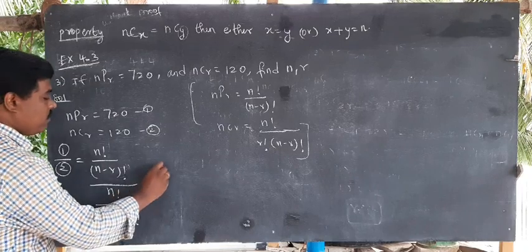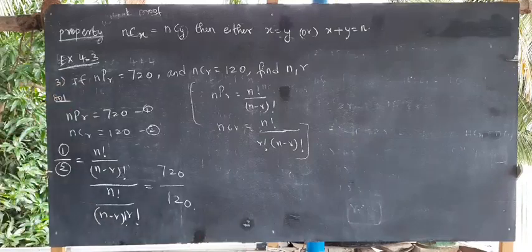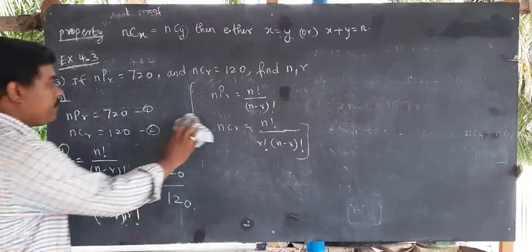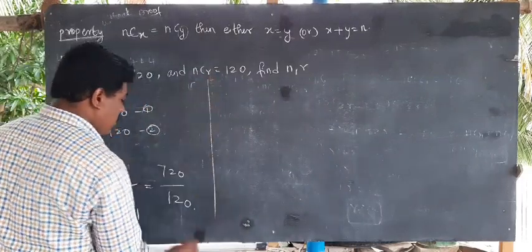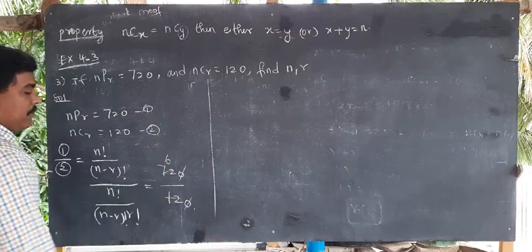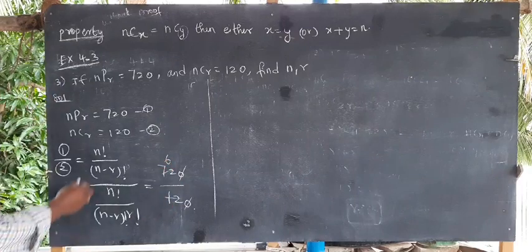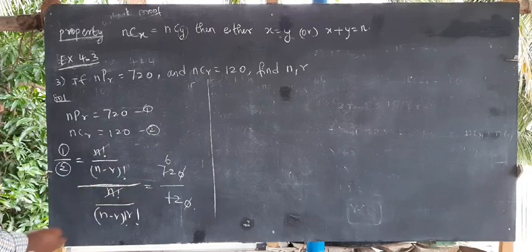This equals 720 by 120. Right? So, the 0 will be cancelled, 12 6 times. Here n factorial, here also n factorial, and (n minus r) factorial will cancel with (n minus r) factorial.